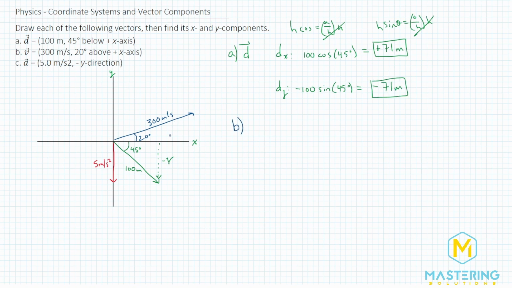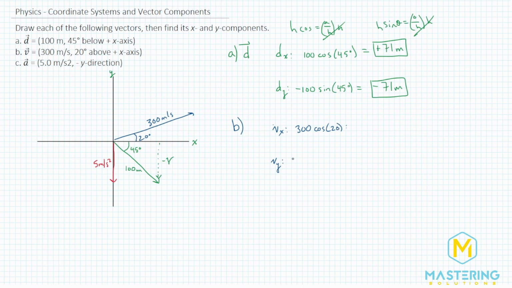For vector v, we'll do the exact same process. The x component is adjacent to the angle, and we have the hypotenuse, so we'll be using cosine. So for v sub x and v sub y, the x component is the hypotenuse, 300 meters per second, times the cosine of the angle, which is 20.